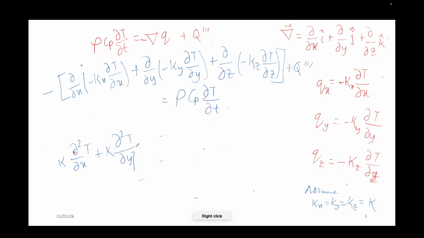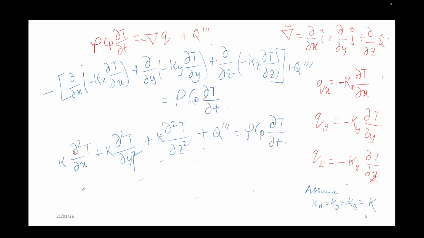Yes or no? Okay. Z square plus Q. Many students get confused with these two formats of the equation. Basically, this format is for when the thermal conductivity is different in x, y, z directions. But if it is the same in all three directions, then this form is required.